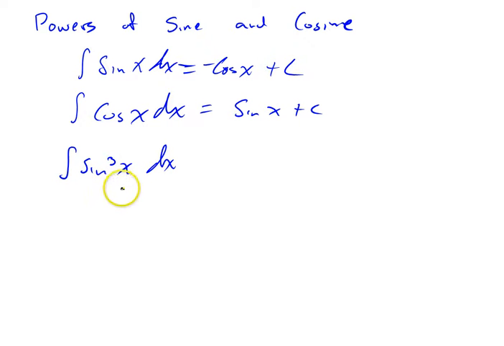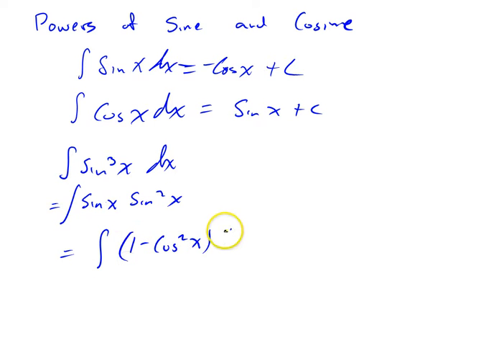I'm going to leave one sine alone, and then think of the rest of it as sine squared x. Right? But sine squared x is 1 minus cosine squared x. So this integral is equal to the integral of 1 minus cosine squared x, and then times the sine of x.